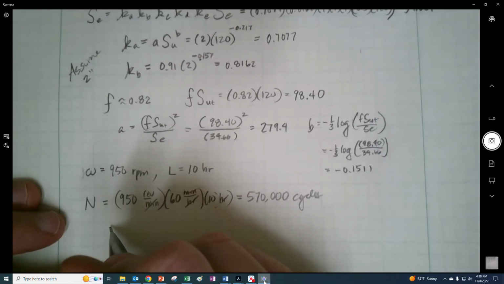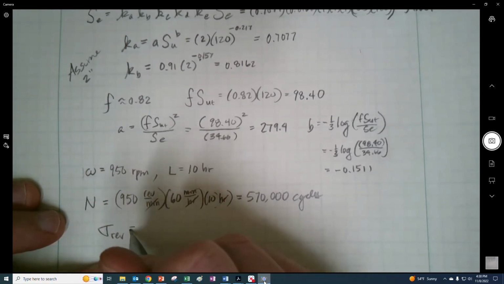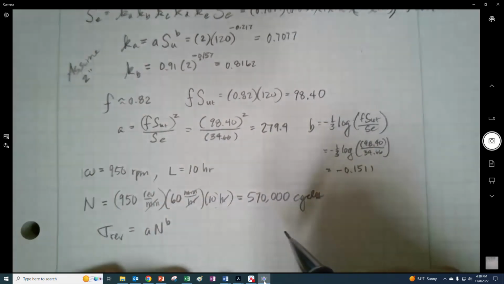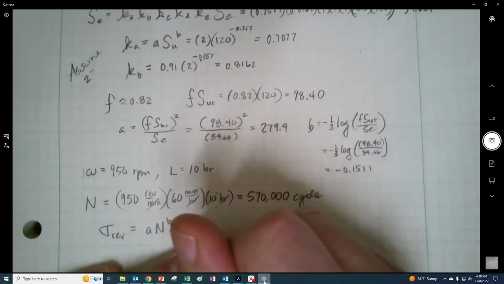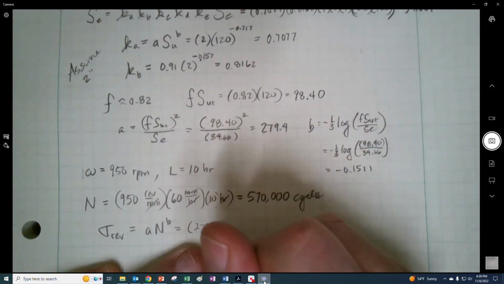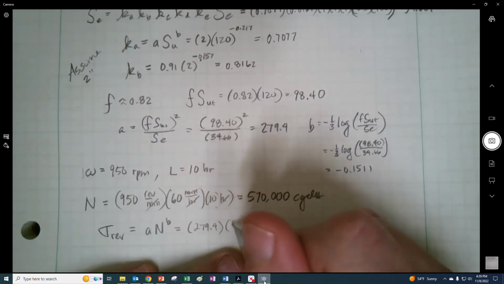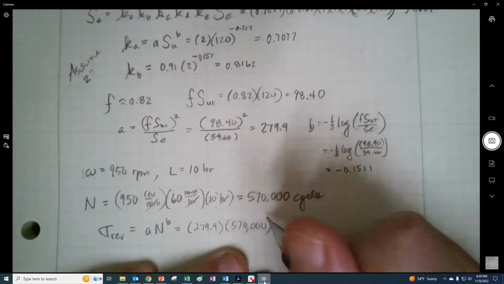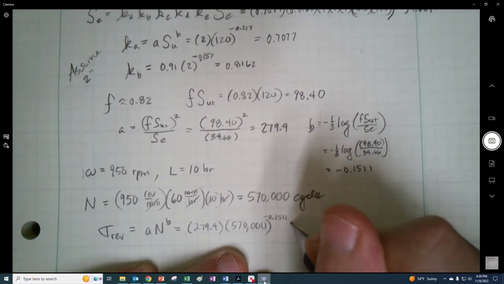So remember that we're going to find this reversible stress, A times N raised to the B. So we'll take 279.4 and take 570,000 and raise it to the negative 0.1511.